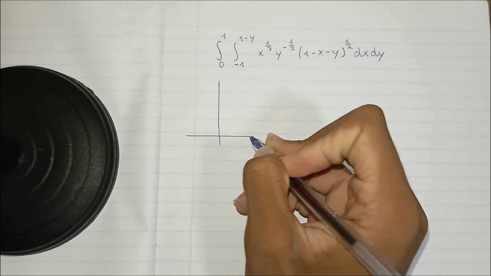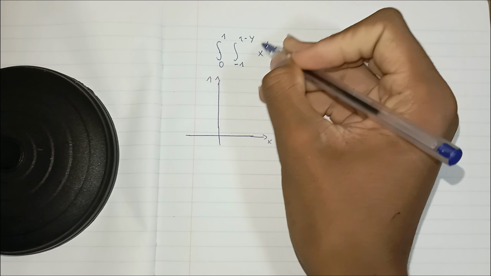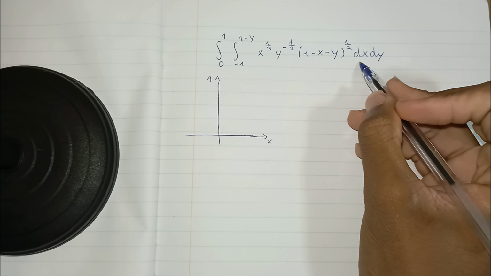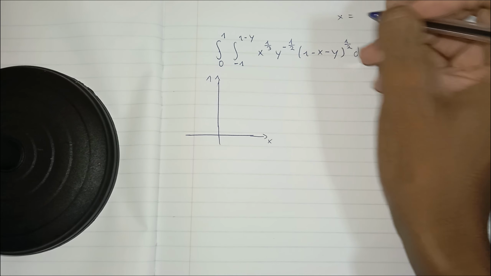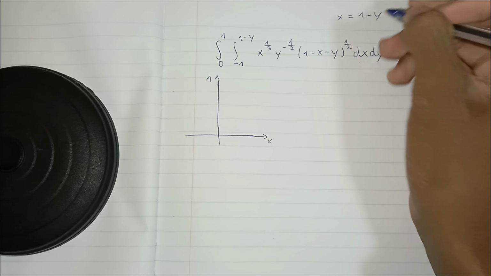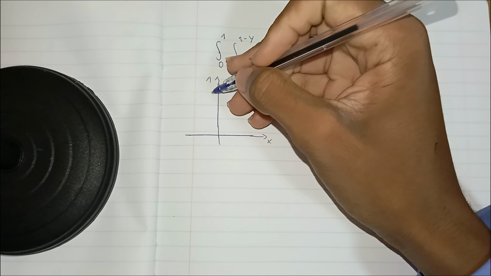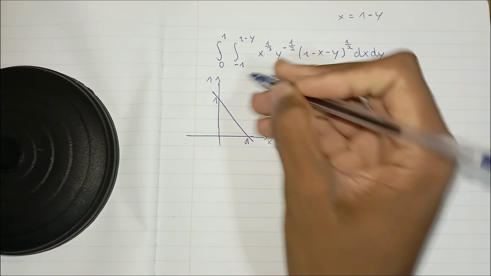Yeah, if we try to sketch this, it's equal to, because we are integrating in terms of x. So if we integrate in terms of x, we get this, right? And of course, if you see, the graph will look like this. Here it's 1, here it's 1.